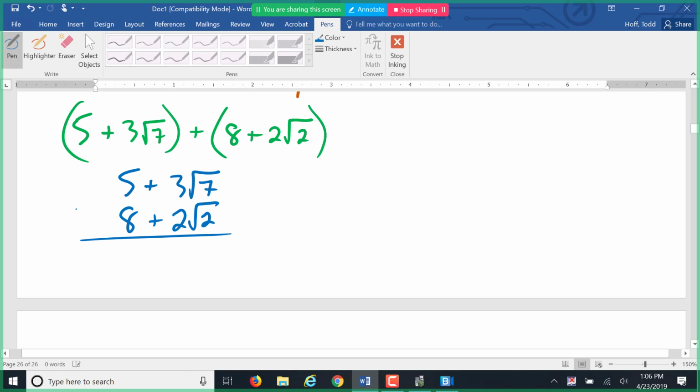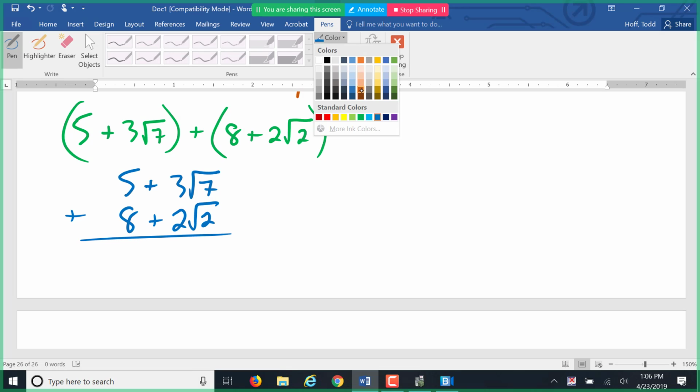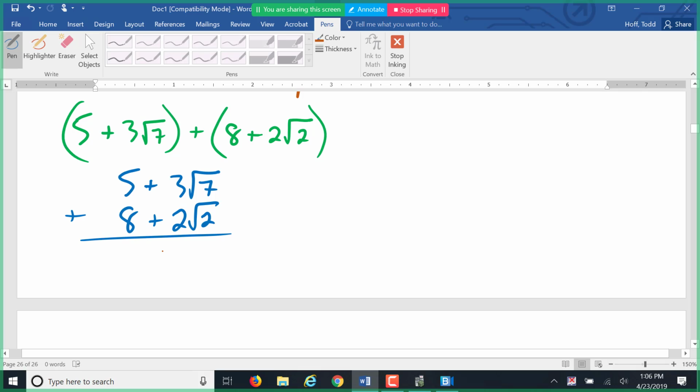I line them up and I add. 3 square roots of 7 and 2 square roots of 7 is a positive 5 square roots. I said 7 and I wrote 2 there, didn't I? That should be 7, thank you. 3 plus 2 is 5 square roots of 7, and 5 plus 8 is 13. So we get 13 plus 5 square roots of 7.